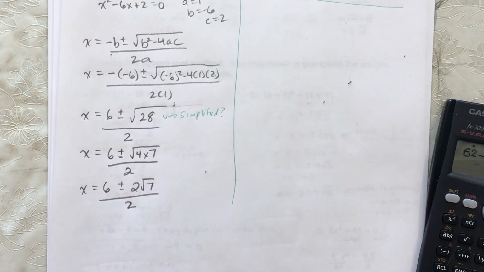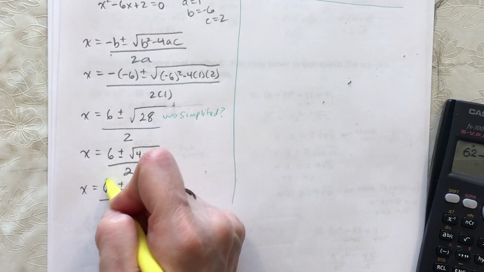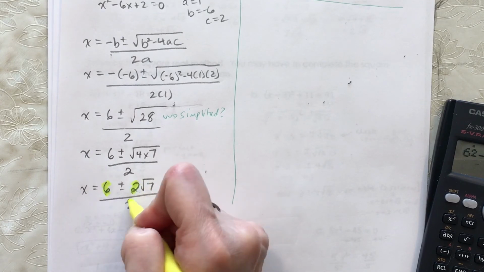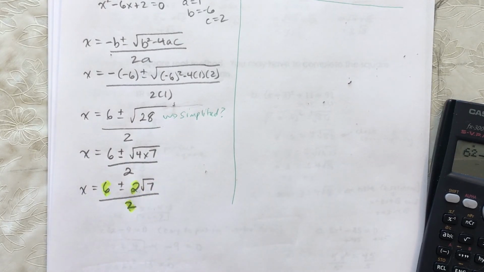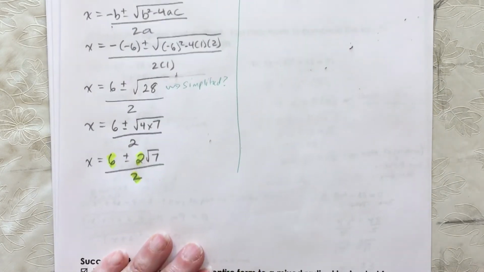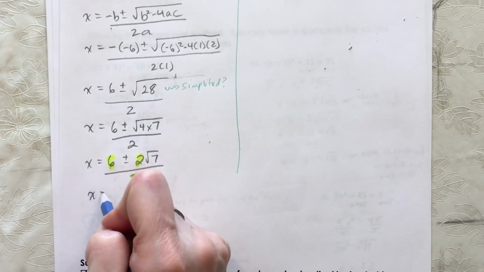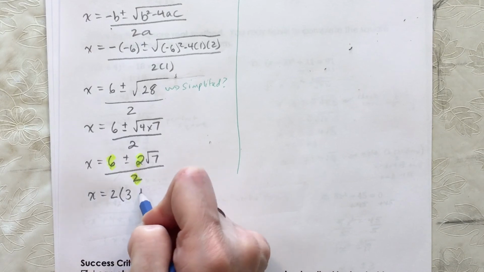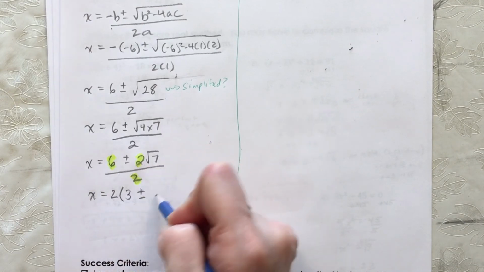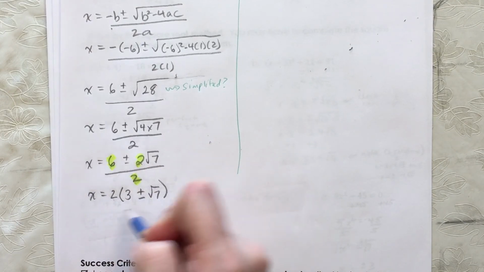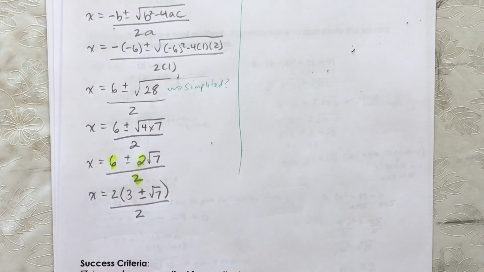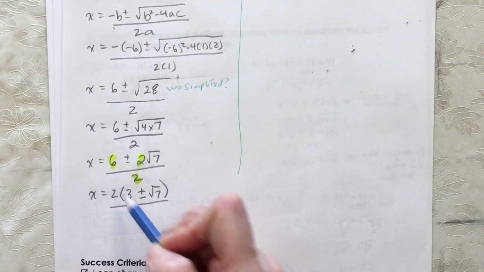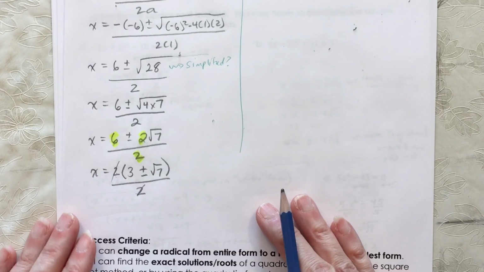So we've done a lot of simplifying, but this is one of those cases where we have to factor because 6, 2, and 2 all have a common factor of 2. So we want to common factor 2 in the numerator. So 6 divided by 2 is 3. 2 root 7 divided by 2 is just root 7 over 2. And then we can do 2 divided by 2 gives me 1.